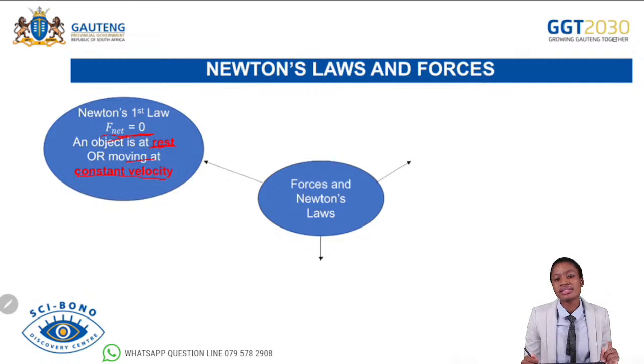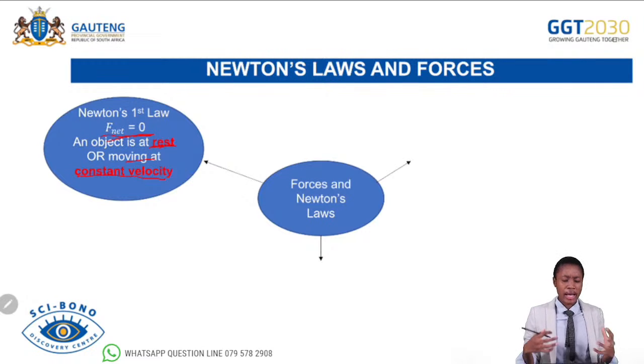Question for you. Does that entail that there are no forces at all? That is a no. There are forces, but the sum, the net, means that the total forces, when we add them together, will be zero. And that is the reason why this object will maintain its original state of motion or move at a constant velocity.